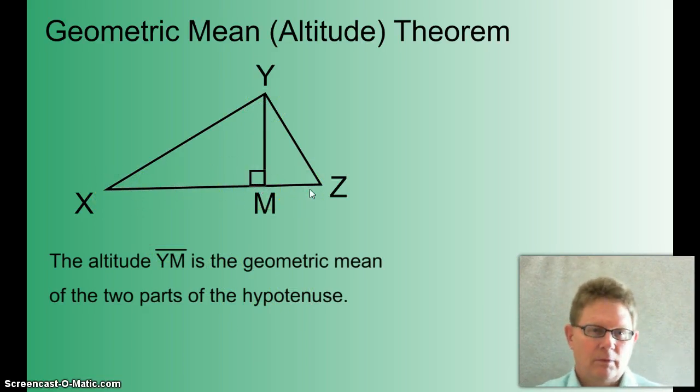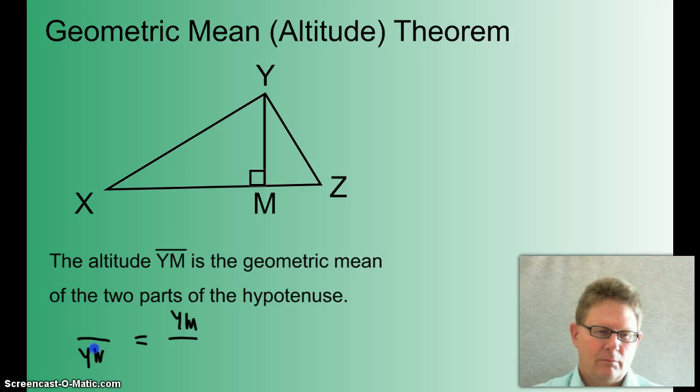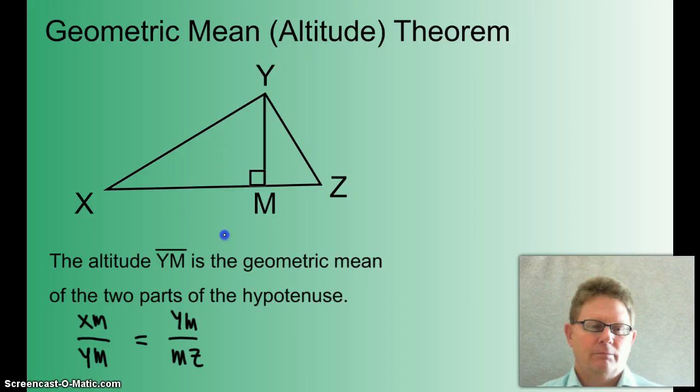So once again, YM is the geometric mean. That goes in the second and third spots. And the two parts of the hypotenuse, the left part and the right part. So you'll be given some numbers here, and then you can cross multiply and divide to figure out what YM is, or maybe you're given YM and you got to find both parts. Okay, that's how you set it up.